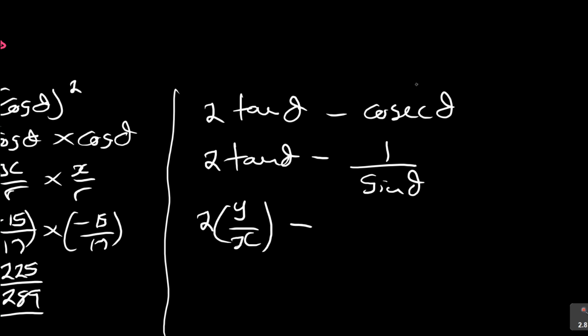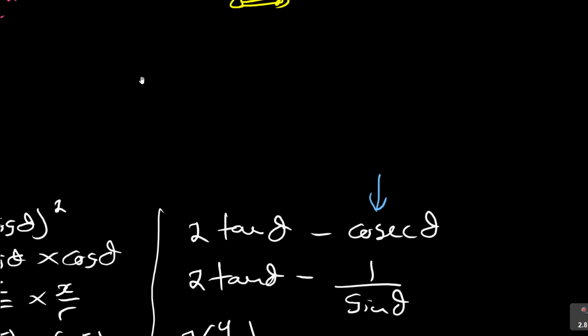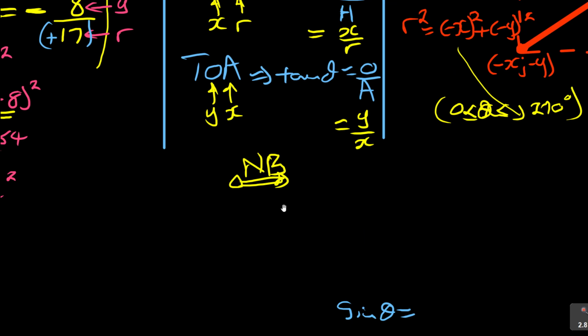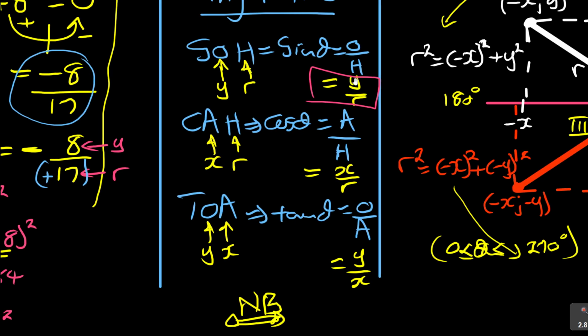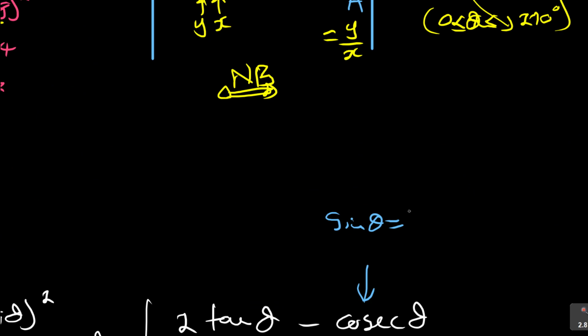minus, now cosec. This is what you also remind yourself here, the inverses. Remember, it's linked with sine, so sine theta in terms of x, y, and r was what? It is y over r. See, sine theta is y over r, and therefore cosec is the inverse.